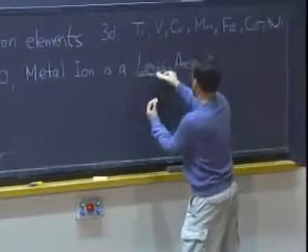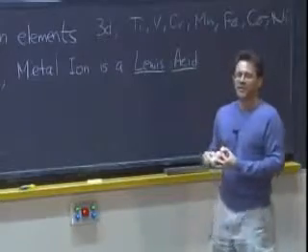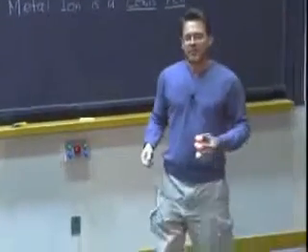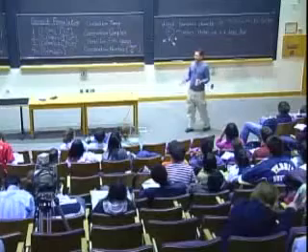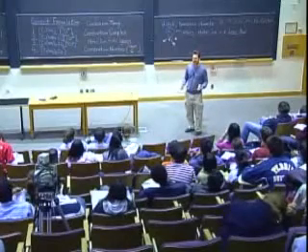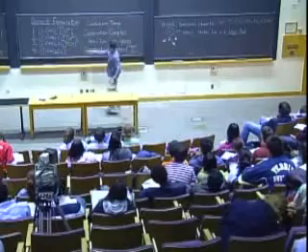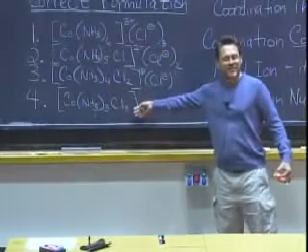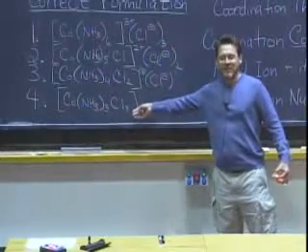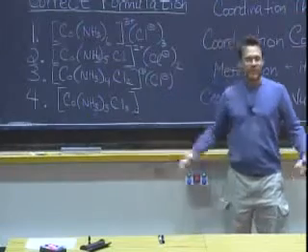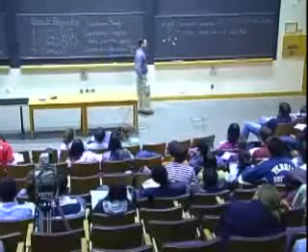Okay. But it's a very interesting Lewis acid because unlike the BH3 molecule that has a single empty orbital, this metal seems to be able to act as a Lewis acid 6 times and coordinate 6 bases to it in forming this coordination complex.